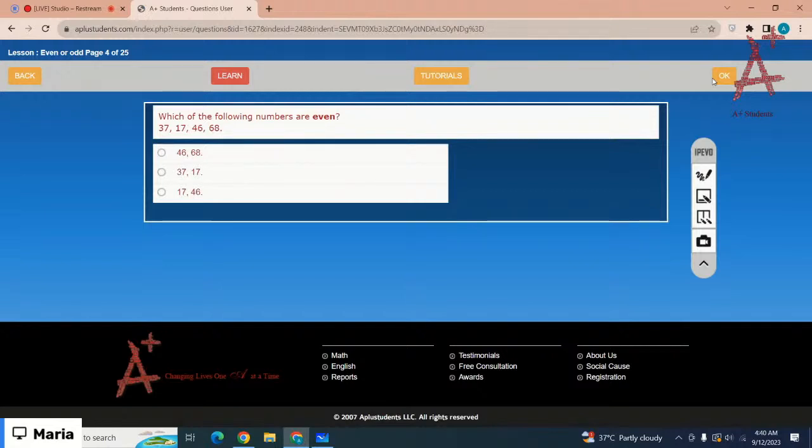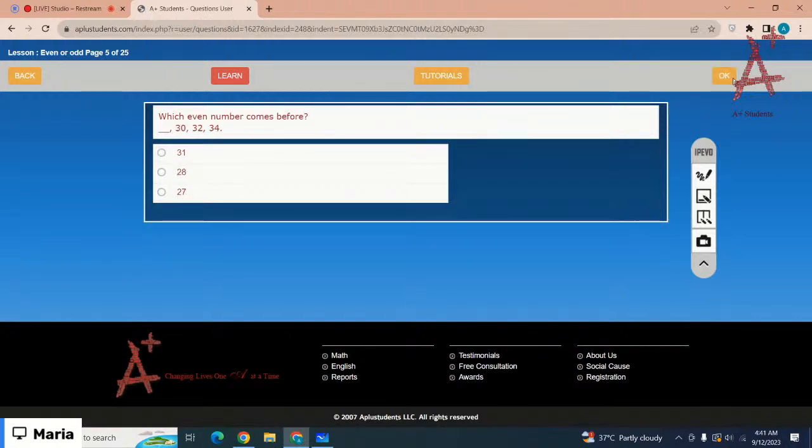Which of the following numbers are even? Which is the correct option? Very good. Which numbers are even? The correct option is that the even numbers are 46 and 68. Option number 1 is the correct option, right? Very good.